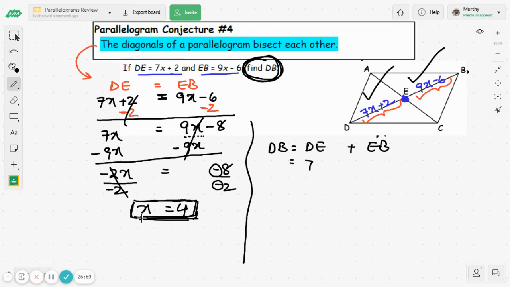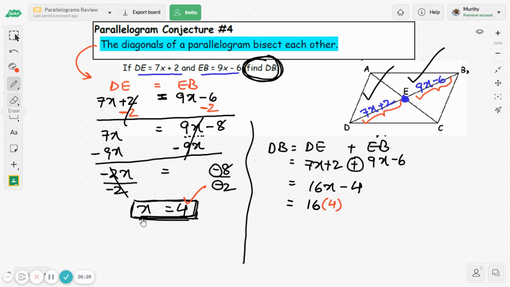So what is DE? It is 7x plus 2. What is EB? That is 9x minus 6. Let me sum up 7x and 9x. That gives me 16x. Positive 2, negative 6 gives me negative 4. Now plug in the value of x. x equals 4, we just got it.